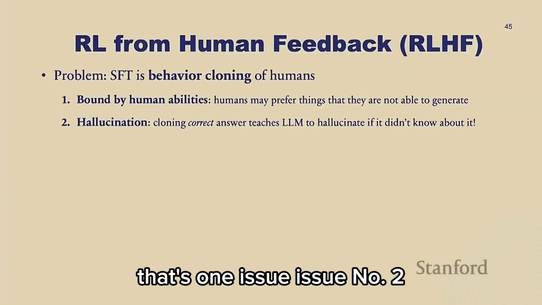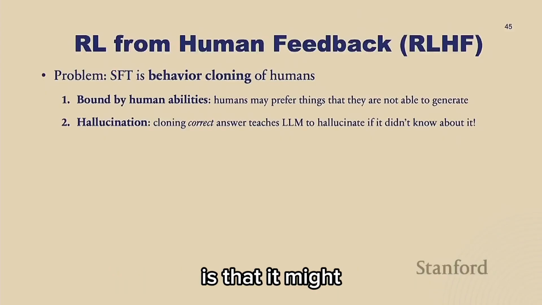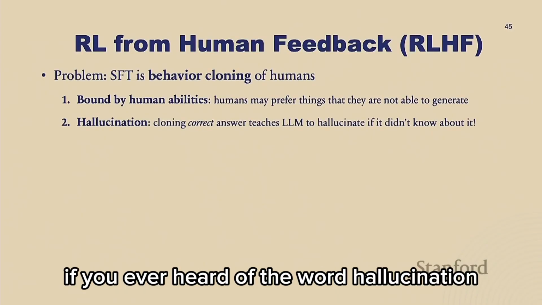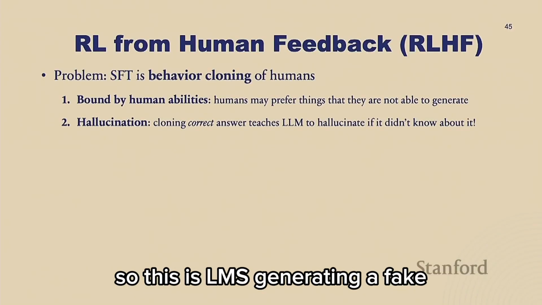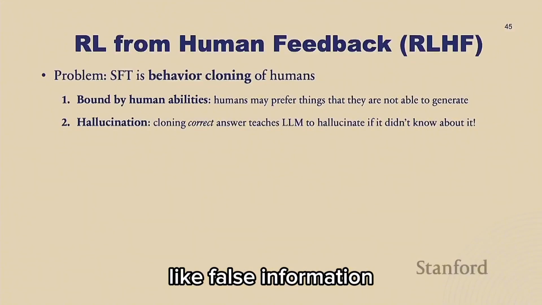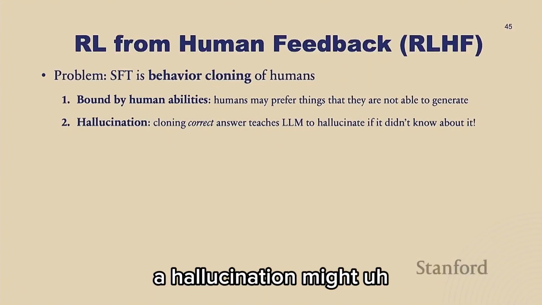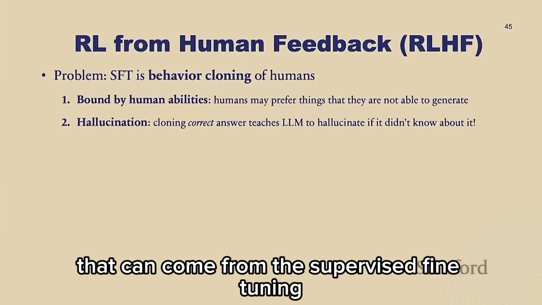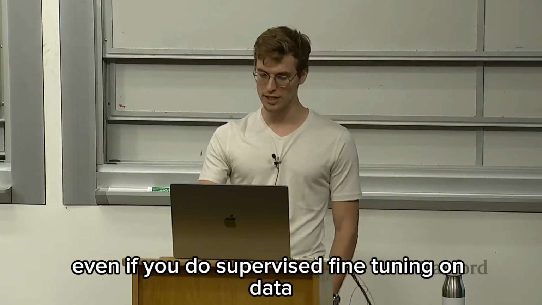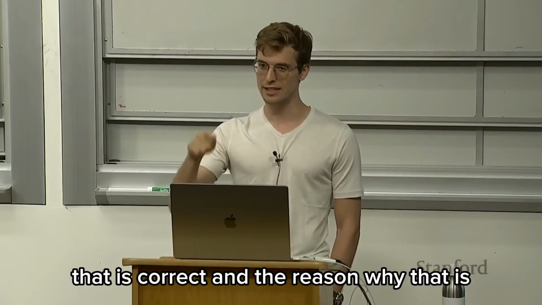Issue number 2, which I find pretty interesting: if you've ever heard of the word hallucination, this is LLMs generating false information. People have hypothesized that hallucination can come from the supervised fine-tuning, even if you do supervised fine-tuning on data that is correct.